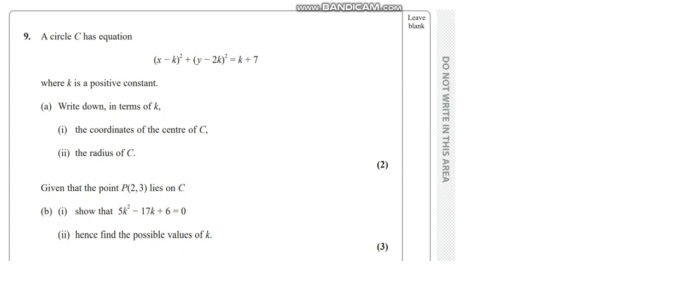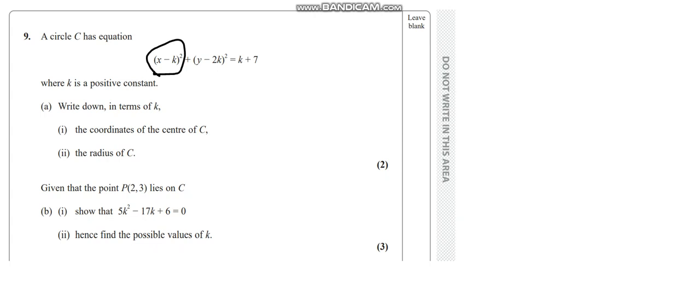Part a is a total of 2 marks: 1 mark for the first part and the second mark for the second part. We don't have to waste our time thinking about what the coordinates of the center of C can be. As you can see, it's clearly written that we have to find it in terms of k. So remember that whatever is being subtracted from x and y gives the coordinates.